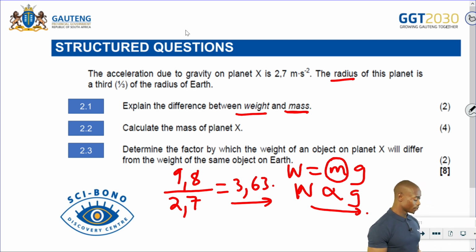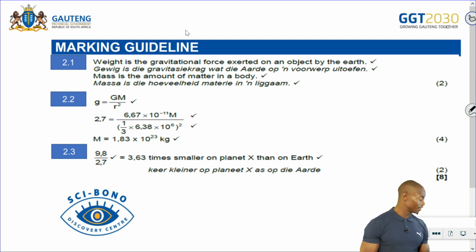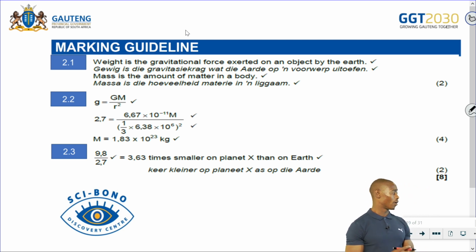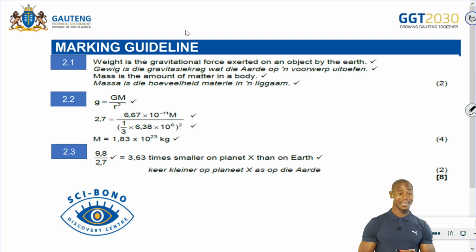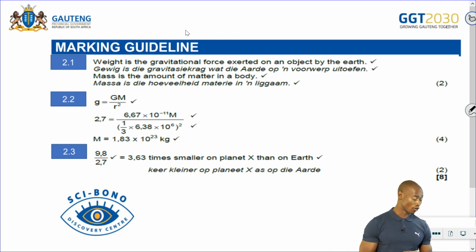So 3.63 is the factor that it will change with. It's 3.63 times smaller on planet X than on planet Earth.